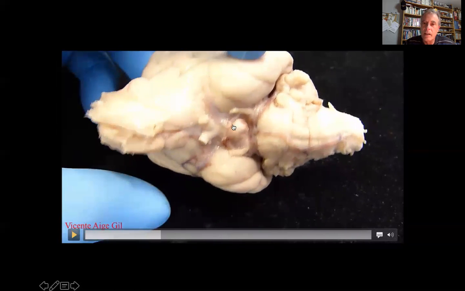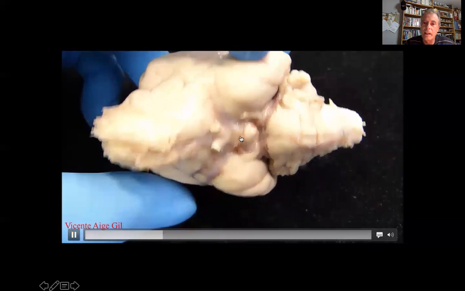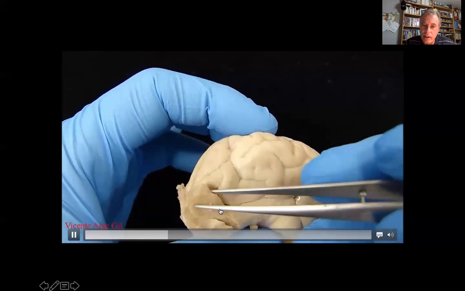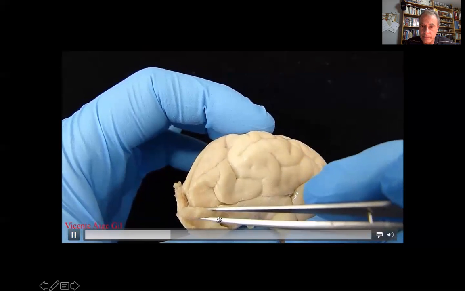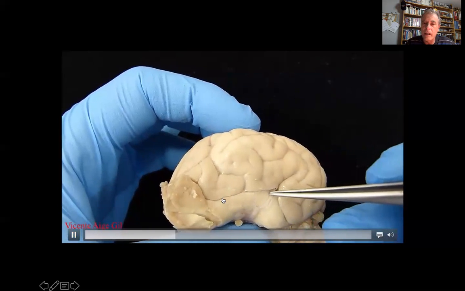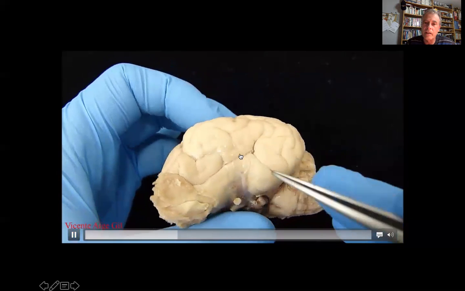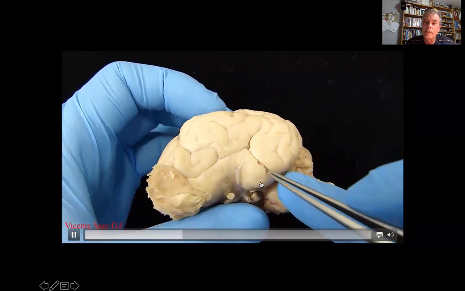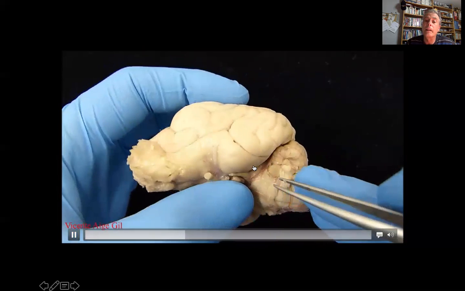So here we have the hypophysis and the optic nerves with the optic chiasm, and the internal carotid arteries. You see the olfactory bulb here, and it continues caudally as the olfactory peduncle, and this sulcus is the lateral rhinal sulcus that separates the neocortex from the basal portion of the paleocortex.